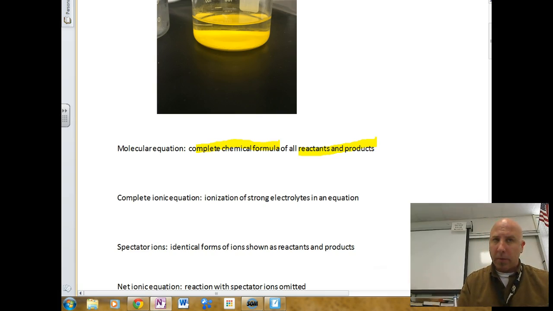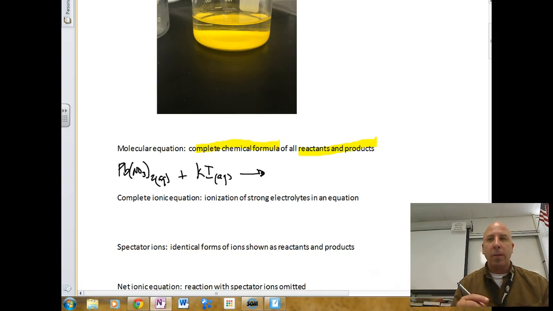We mixed together some lead 2 nitrate, which was aqueous, and some potassium iodide, which was also aqueous, and we produced a double replacement reaction where the metals switched places.